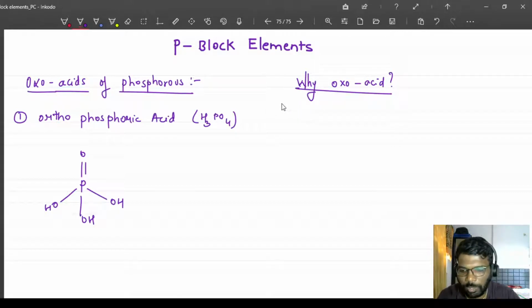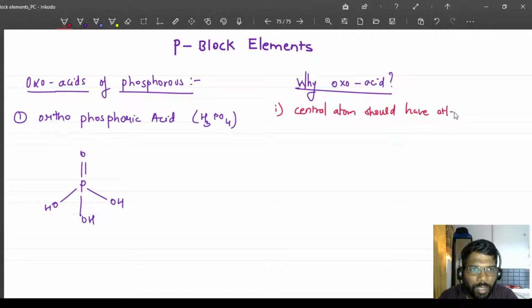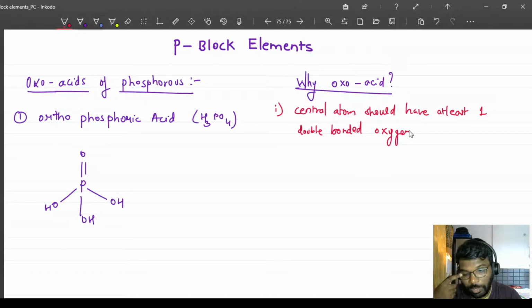So, the answer is: first thing is a central atom should have at least one double bonded oxygen. Then acid, because it is having some hydrogens which could be removed.